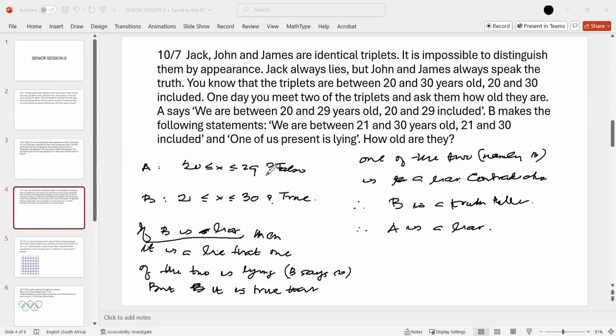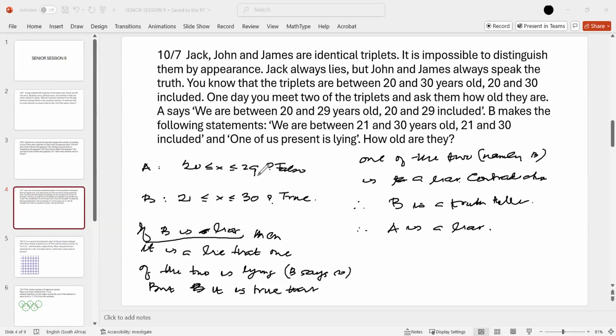If this is false, then the age could be either greater than 29 or less than 20. Two possibilities, right? X less than 20 is not possible because of this. This is true. Okay, you agree, Aiden? Yes, sir.